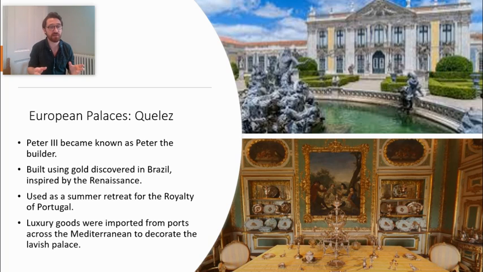And luxury goods are imported from Liverpool and from the Caribbean and North Africa to fill these palaces. And I've got the interior on the bottom right, and you can see the gold and the portraits that they have commissioned of themselves to celebrate their wealth, as well as dining plates.